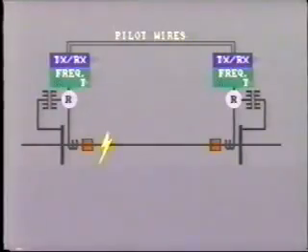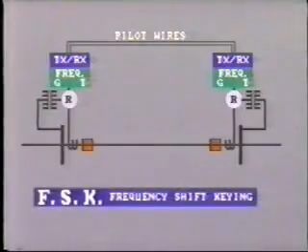When the relay detects a fault, it will switch or key the transmitter to a different frequency. This is known as shift keying the frequency. The receiver at the far end responds to the change in frequency and initiates appropriate action. This system is called FSK, frequency shift keying.